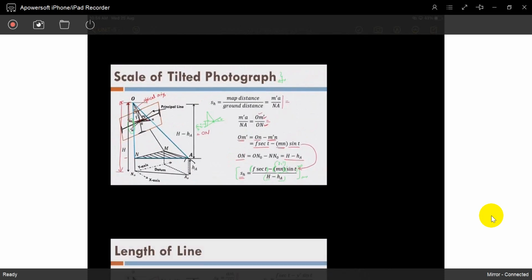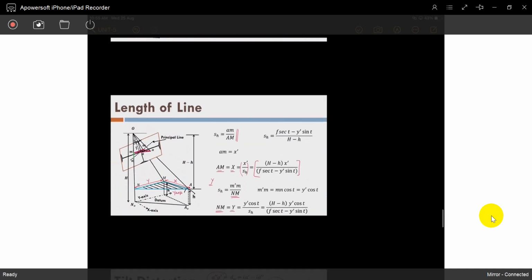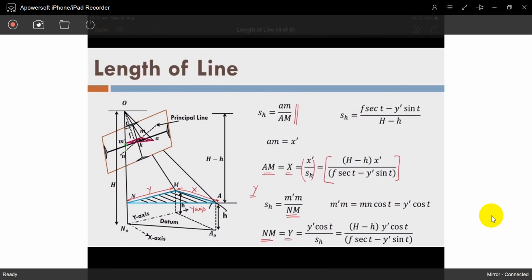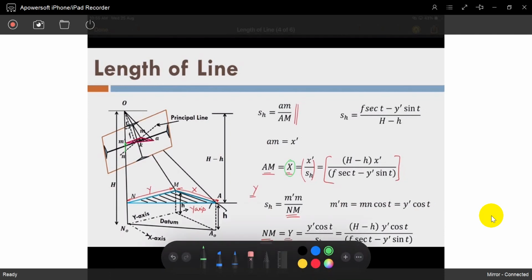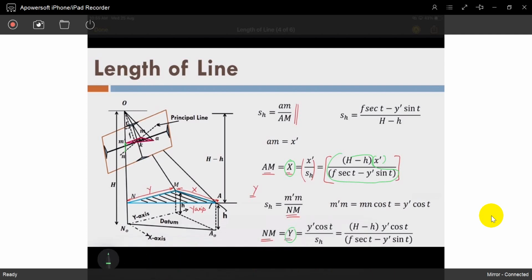In a 3-dimensional view you can't understand it, but with just a small tilt, the coordinates change slightly. Based on that, you can find the length of the line. So you have to find the coordinates on the ground. This is capital X, scale multiplied with small x, and the same for y: scale multiplied with y cos t.